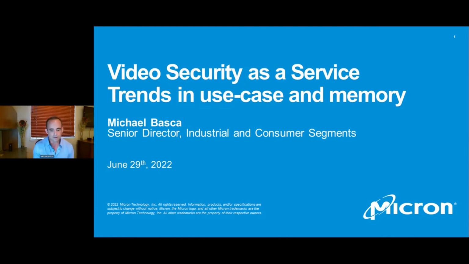And thirdly, with more and more processing power happening at the edge, we're seeing the ability to process AI and ML applications at an increasing level across many pieces of the industrial and consumer segments. So today we're going to focus in on one of those. We're going to talk about video security specifically, as well as underlying trends in this space driving offerings of VSaaS, or video security as a service, and what that means for memory in that space.